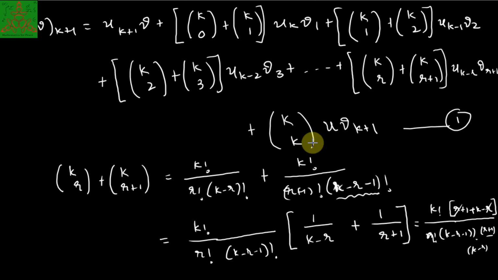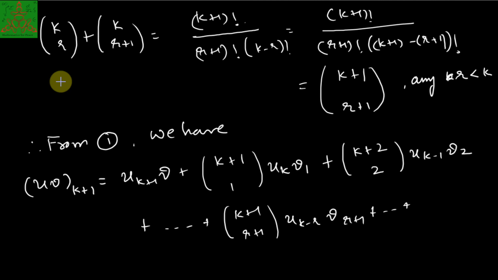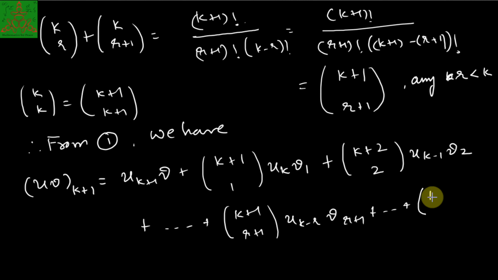And the last term, instead of kCk, we know that kCk is the same as (k+1)C(k+1), because both values are equal to 1. So that's why it is (k+1)C(k+1) u v_(k+1).